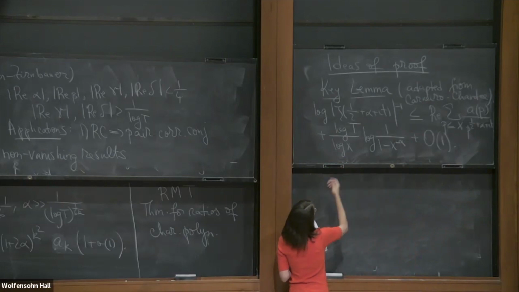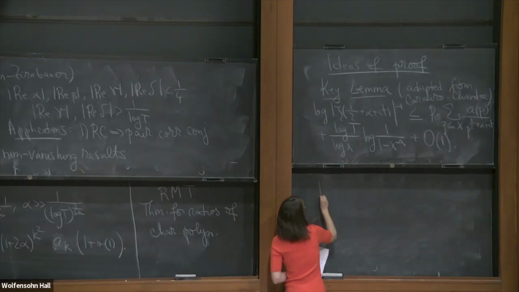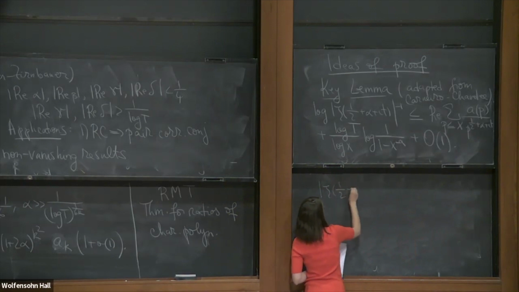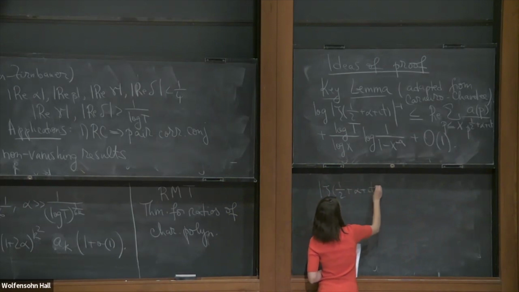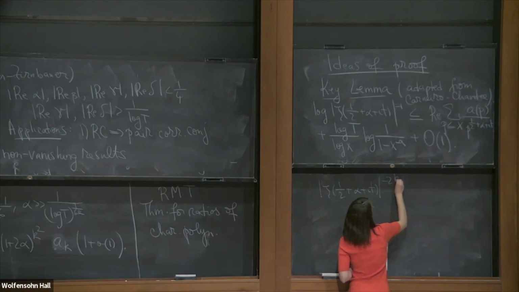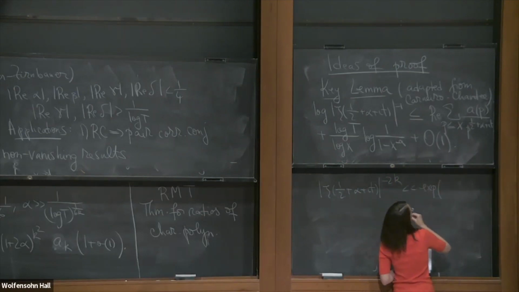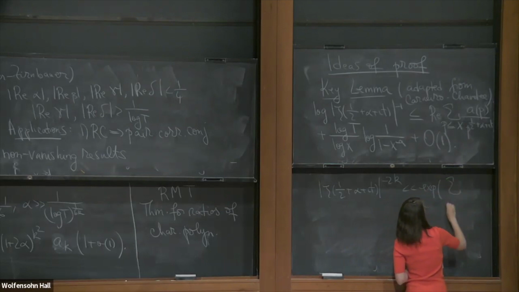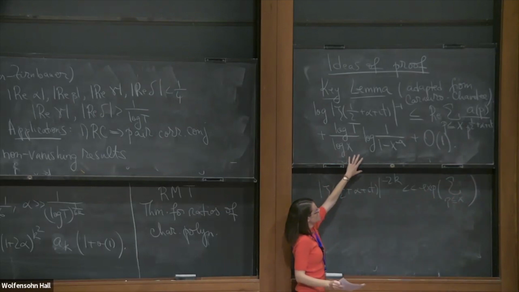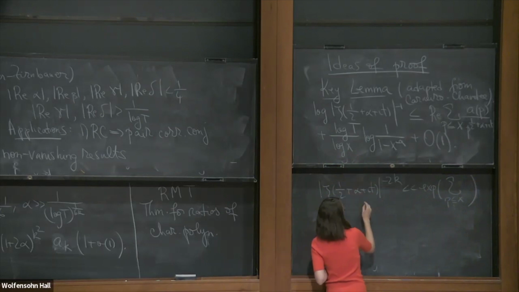So then if we exponentiate this, we get that zeta of half plus alpha plus iT to the minus 2k will be bounded by the exponential of the sum over the primes times the exponential of this big term over here.